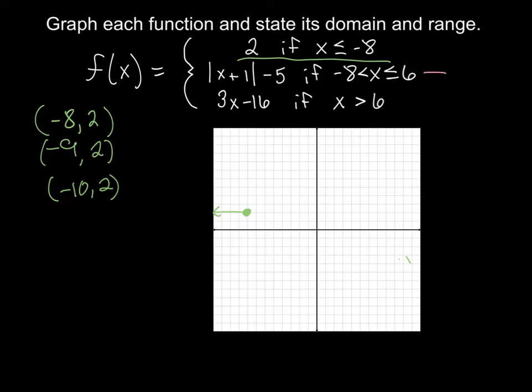Okay, now for the second one, notice we have here an absolute value function. So we definitely want to include our beginning and our end point. And then we also want to include our vertex. Remember the vertex from last time.